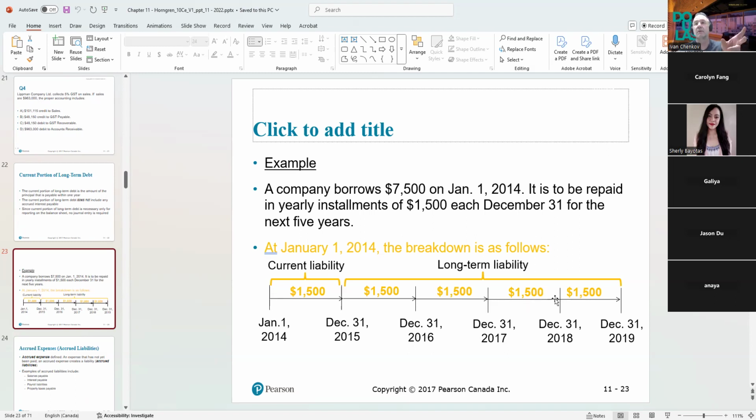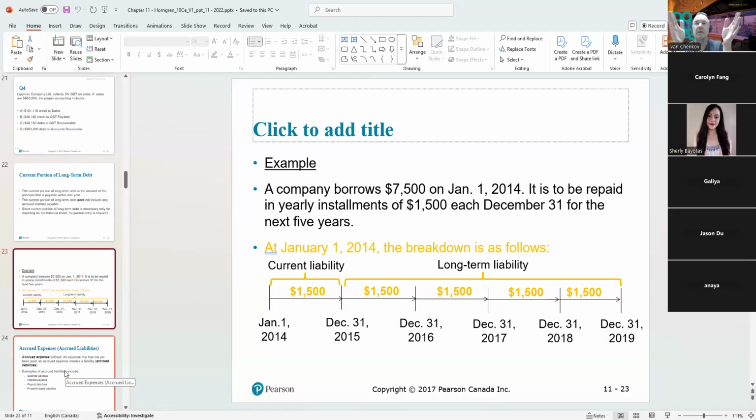Until they're coming to the very last payment on December 31st, what will be recorded now? They're going to show current liability $1,500, long-term zero. That will be before the last payment. Make sense? Now, this division between current liability and long-term liability is applicable only and only to liability.